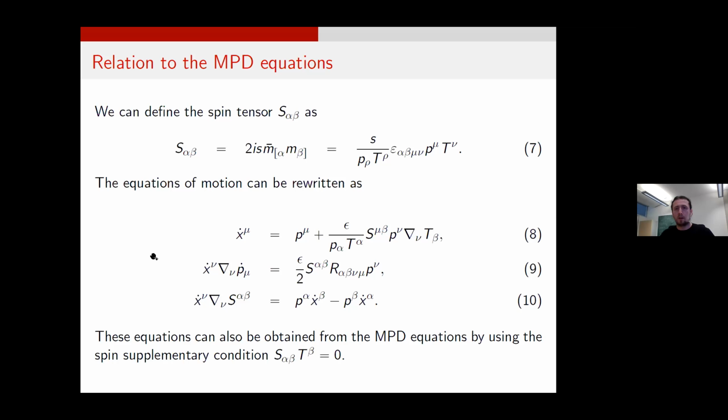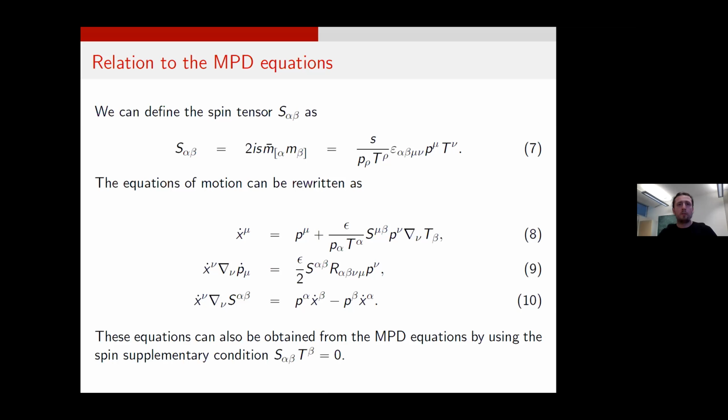Then the equations can be rewritten as over here, where equations 9 and 10 represent the actual MPD equations, and the equation for x dot can be obtained from these MPD equations by imposing the spin condition S contracted with t equals 0. So in the language of MPD equations, the choice of timelike vector field t would to some extent fix our choice of energy center of the beam.